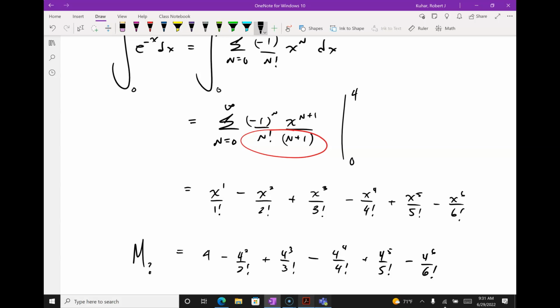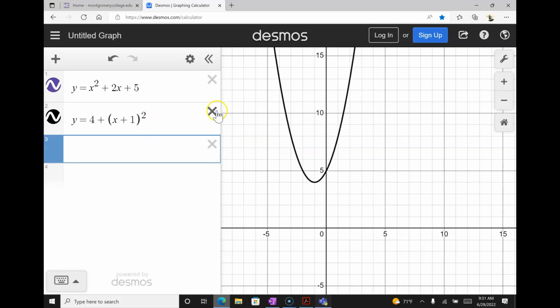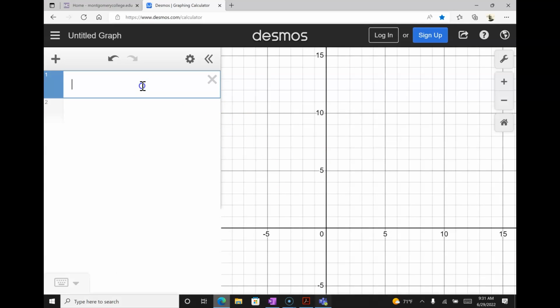I'm going to Desmos. It's too archaic on that calculator.